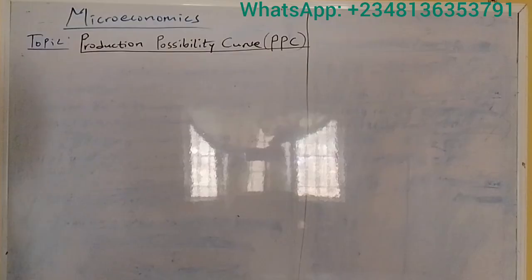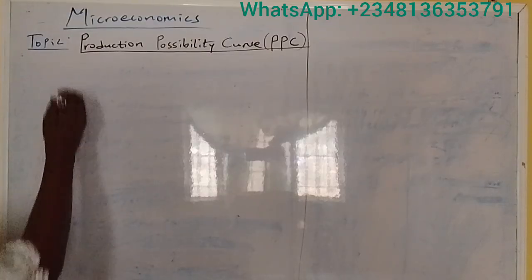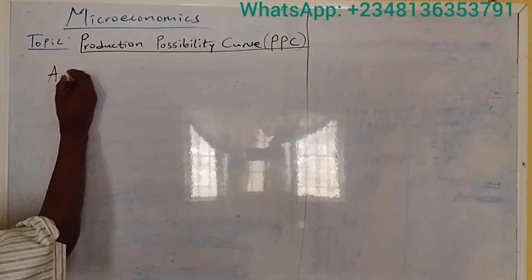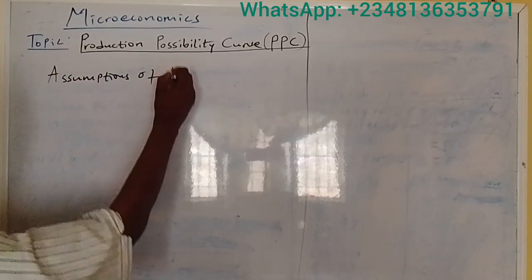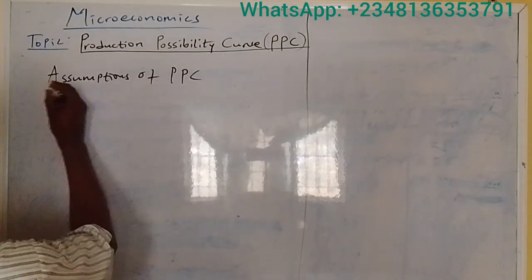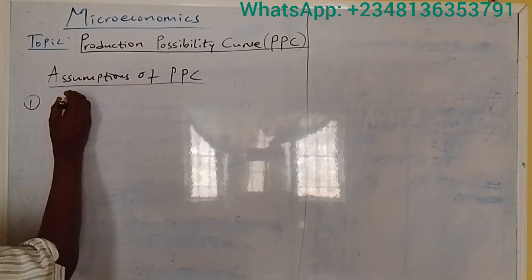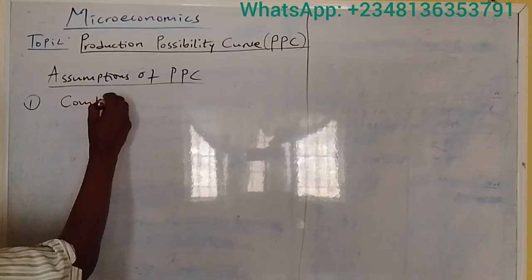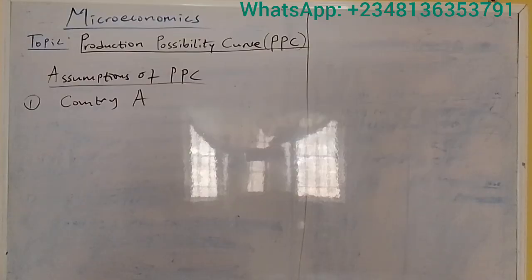So let's assume there is a country. That is the assumption of the production possibility curve. Let's assume there's a country called country A. It's just a hypothetical country, an imaginary country that does not exist anywhere.